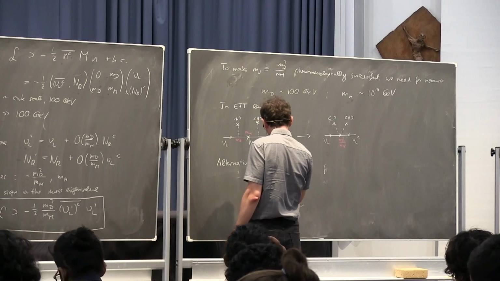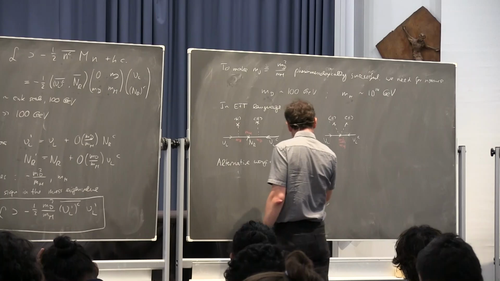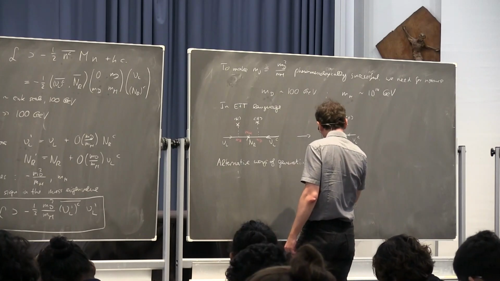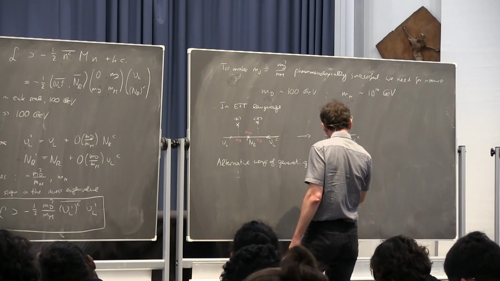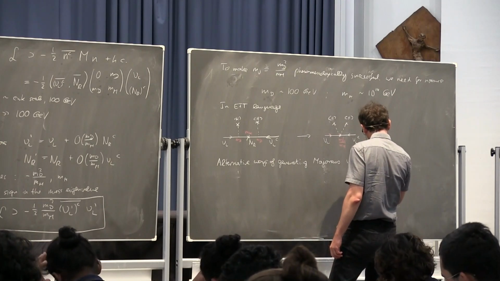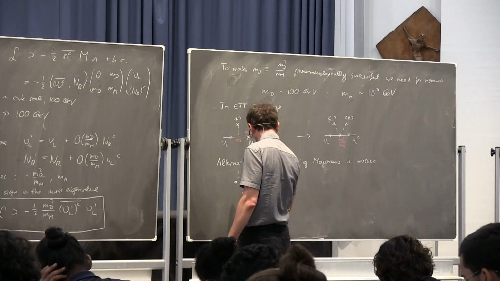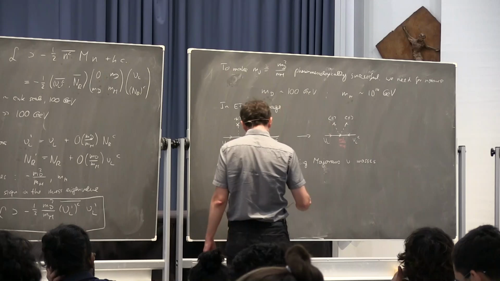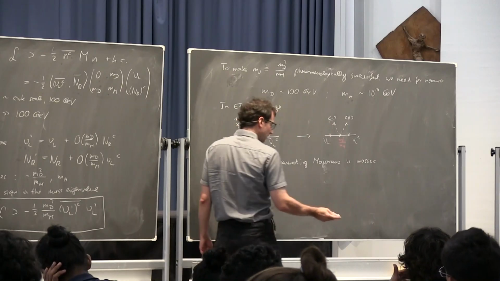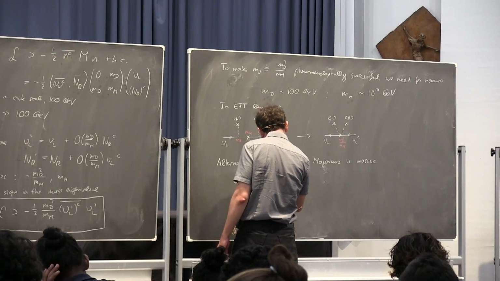So, alternative ways of generating Majorana neutrino masses. Right, so one possibility is to introduce a triplet scalar delta.